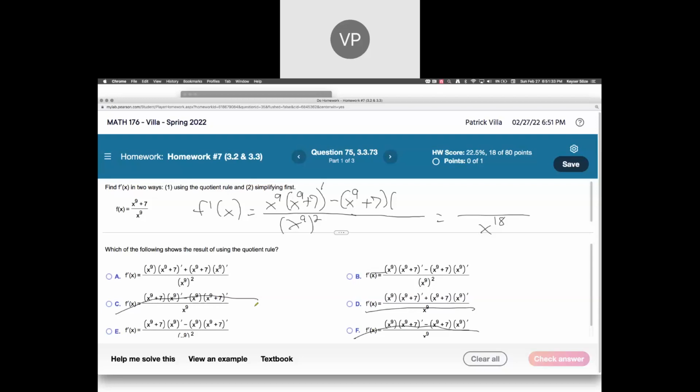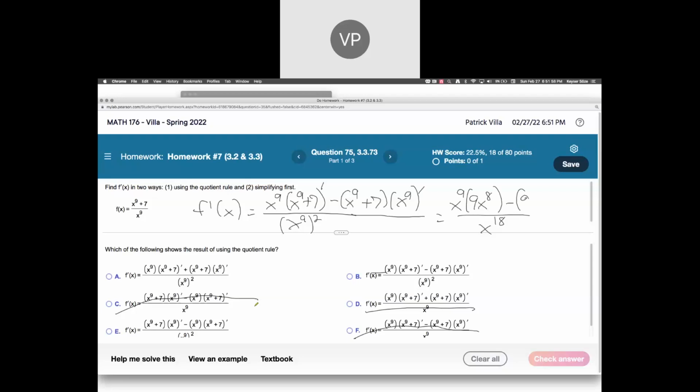They put that little hash right there. So we already got the 9x to the 8th. This is just the step before. Just like this one is going to be the derivative of the bottom, which is that, like that. So the next step would have been what I just had. So I basically skipped one step on them, and they actually wanted it right before. So that's okay. We can still adjust to that.